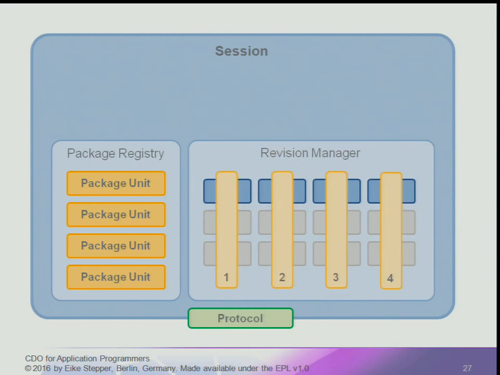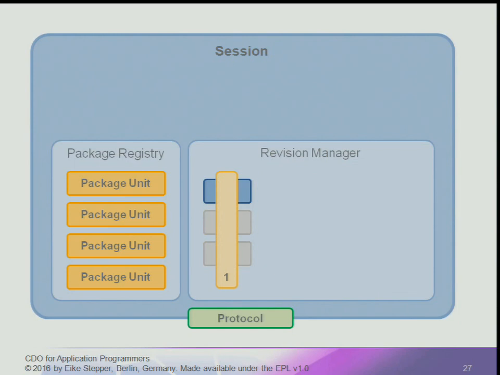What you want is an E-object, and I'll show you how that works with just one logical object here. What you always need to access the model graph, the E-object graph, is what we call a view. So this is an E-object, and it always points to a CDO revision.